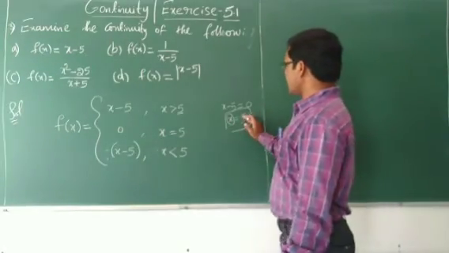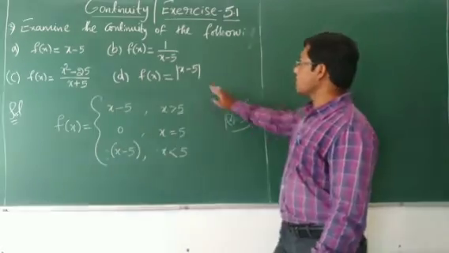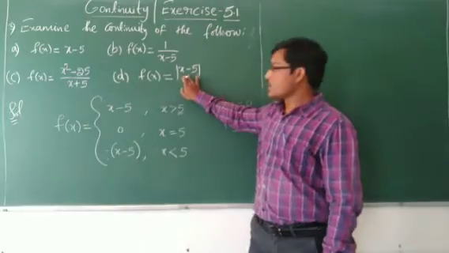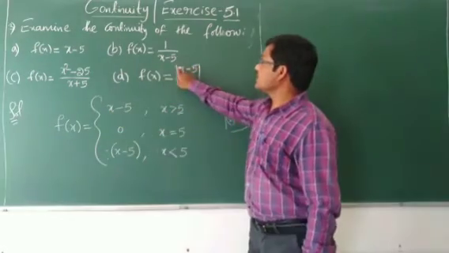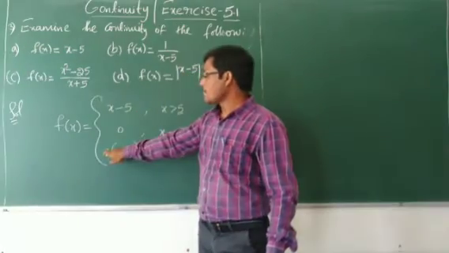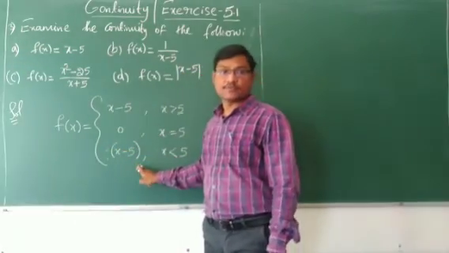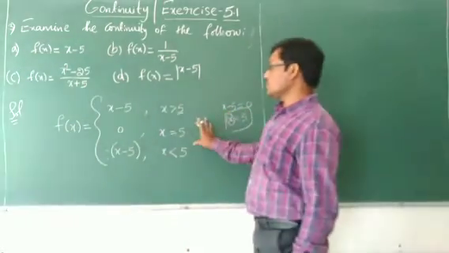Now take some value after this and before this. If I get positive here, I will take plus of x minus 5. If I get the inside function negative, then I should take minus of x minus 5. Clear? So this is how we write the function first.